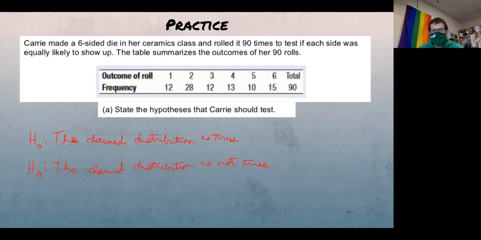And let's put this into context a little bit. We're saying the claimed distribution, it doesn't have anything claimed right now, but if we have a die, what would the claimed distribution of a fair die be?